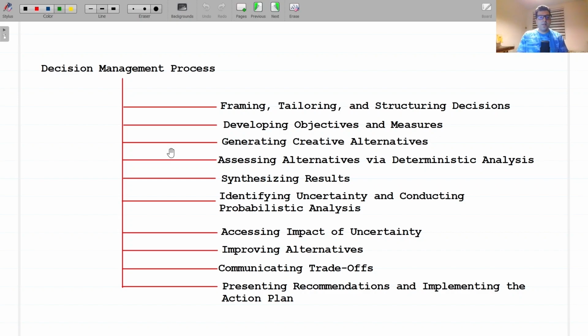Assessing alternatives via deterministic analysis. The decision team should engage subject matter experts or SMEs by creating models using operational and test data aligned with the defined objectives, measures, and alternatives to assess performance and using structured scoring sheets. Each score sheet contains a summary description of the alternative and the scoring criteria.